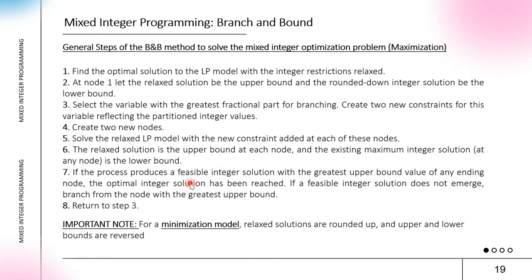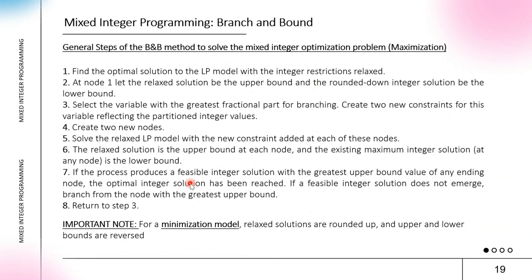And this slide outlines the general steps of the branch and bound method for maximization problems. In the first step, we must solve the LP relaxation form of the optimization problem by ignoring integer constraints. In step 2, we must store the answer as an upper bound.